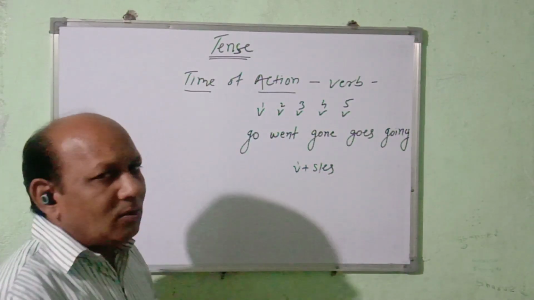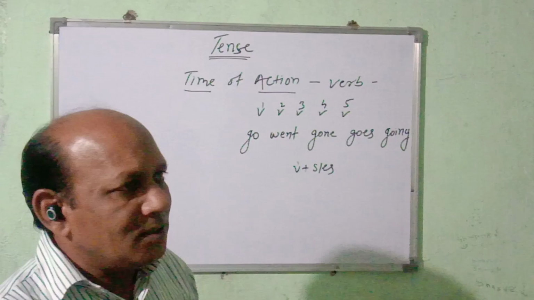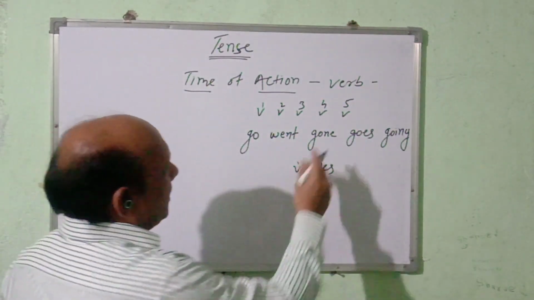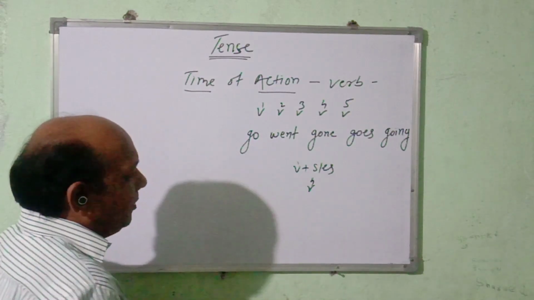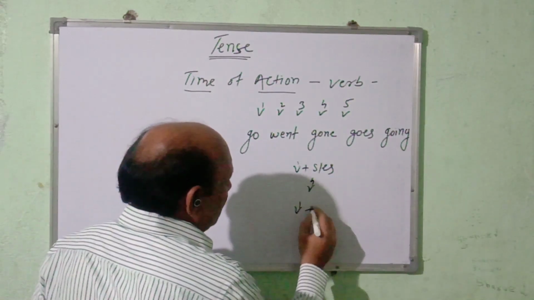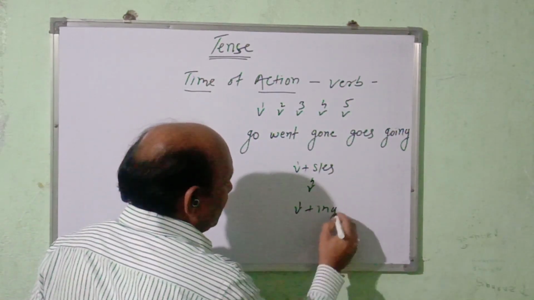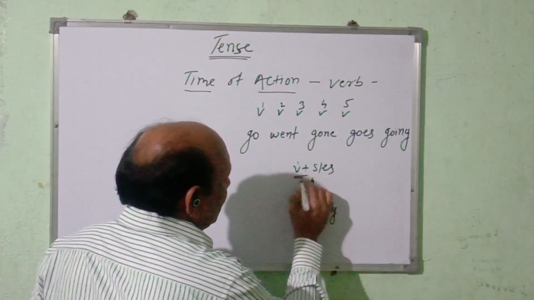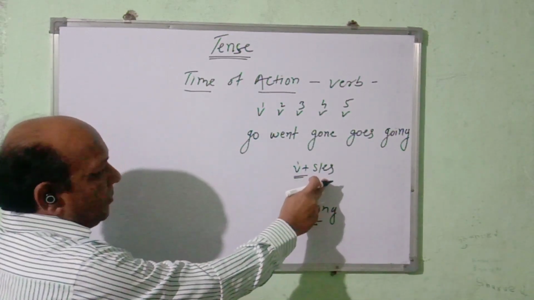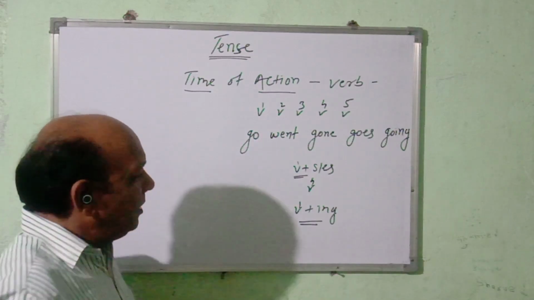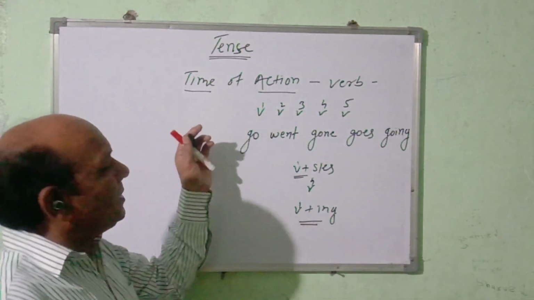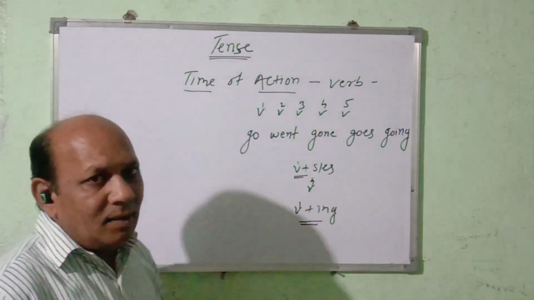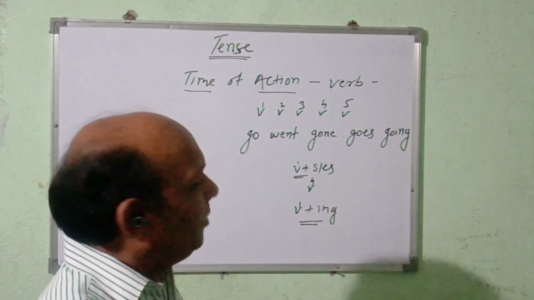This is the structure for the singular subject, the V4. And what is V5? V5 means V1 plus ing. This is the formation of V4 and this is the formation of V5. That is the clarification regarding the action or the verb.